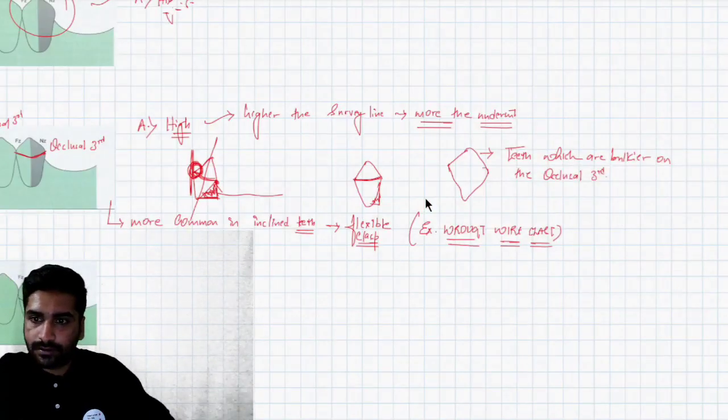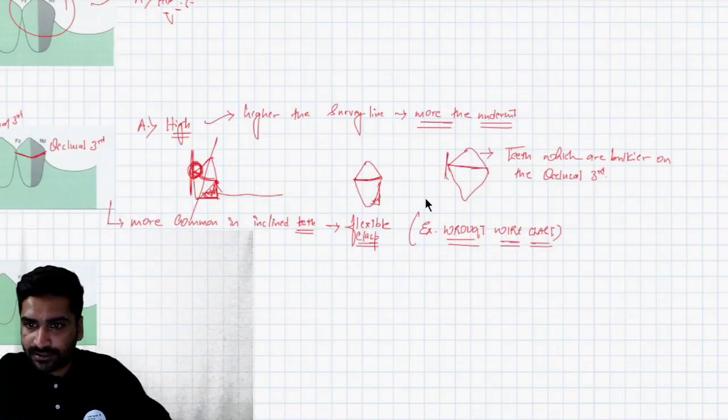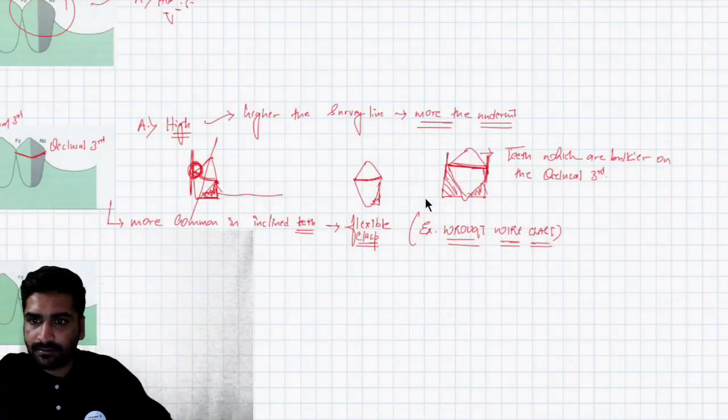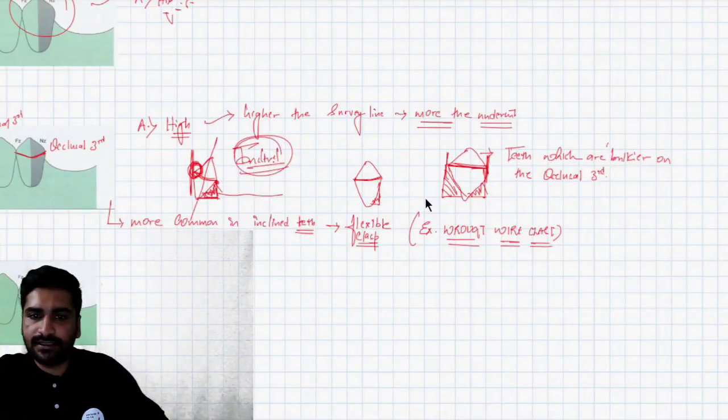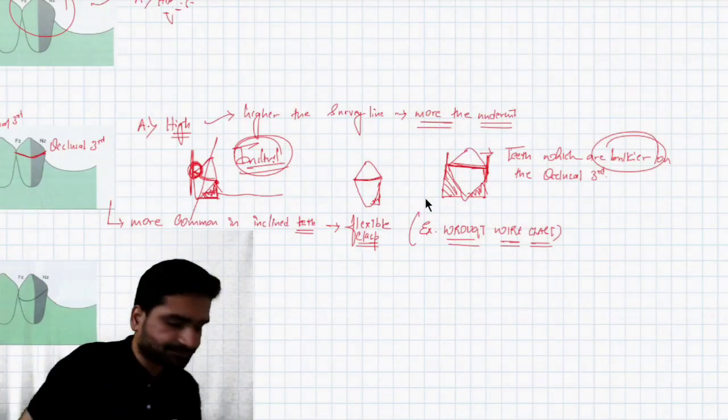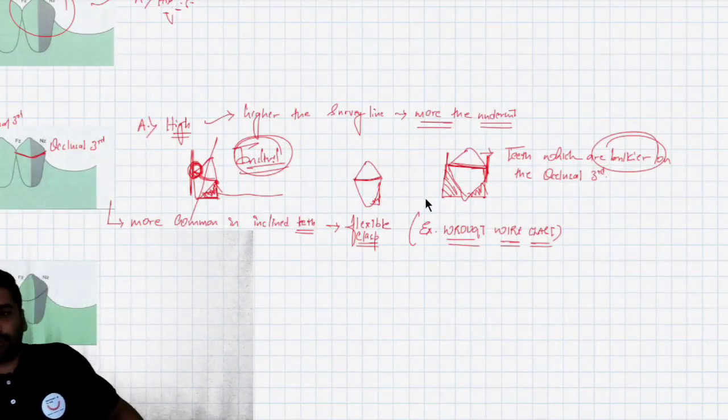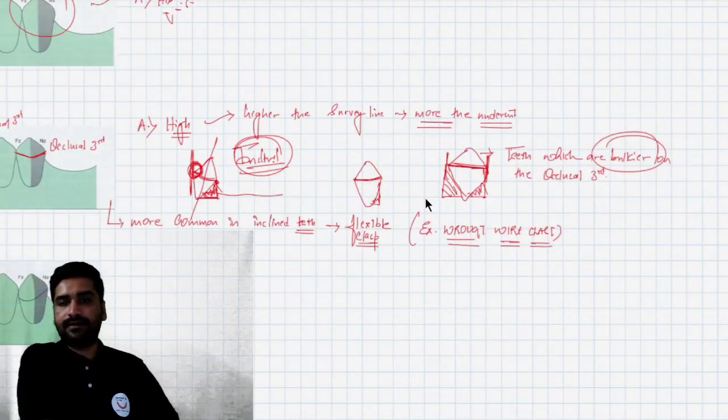So when the tooth is bulky in the occlusal third, obviously the line will be marked on the occlusal third area. This whole area becomes the undercut. In two situations, either the tooth is inclined or a bulkier tooth, you will find these type of survey lines.